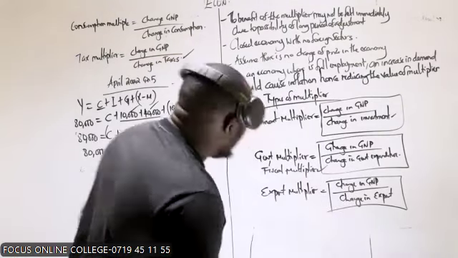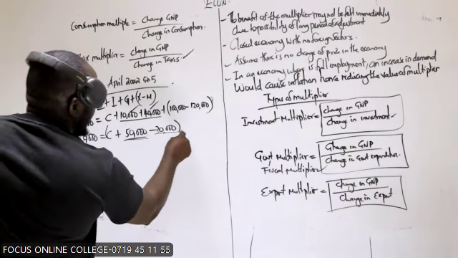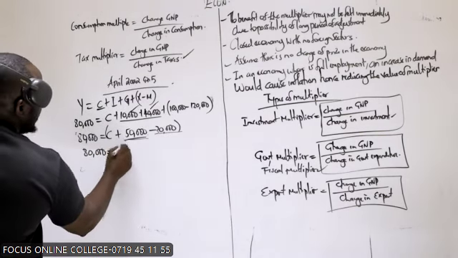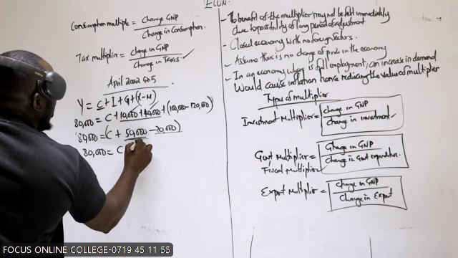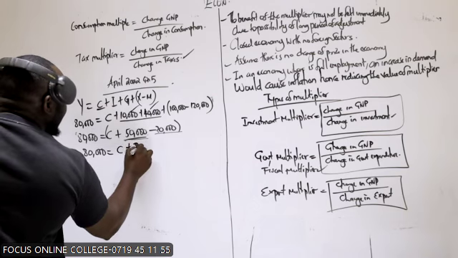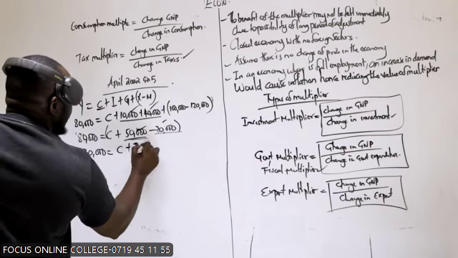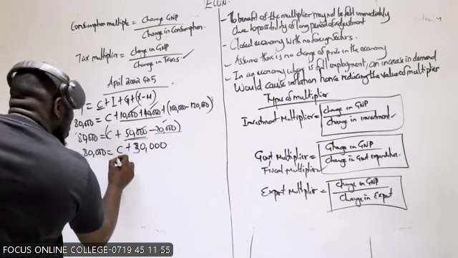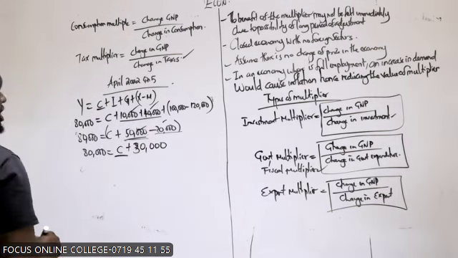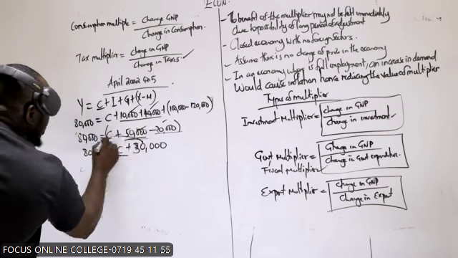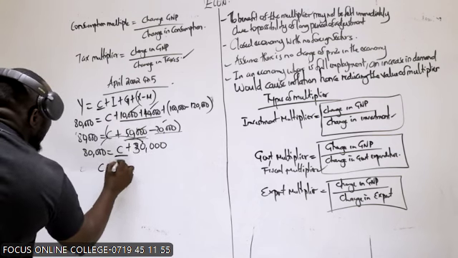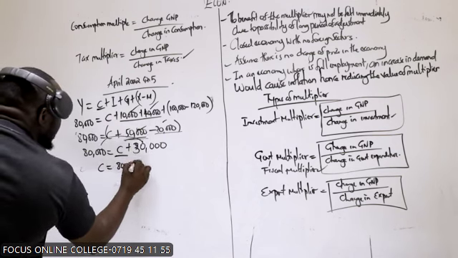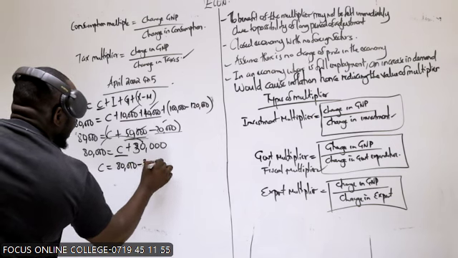Yes. So then 50,000 minus 20,000. That should give me C plus 30. 50 minus 20 should give us 30. So consumption is what is missing. I leave C here and take this one to the other side. So consumption should be 80,000 minus 30,000.